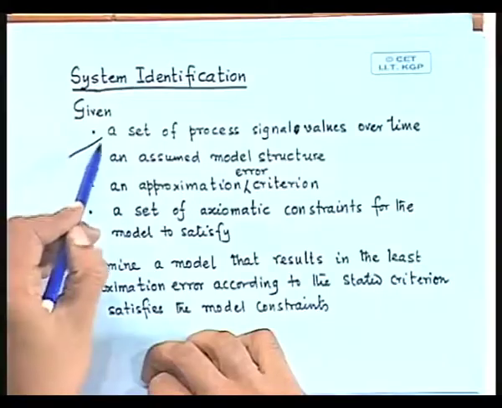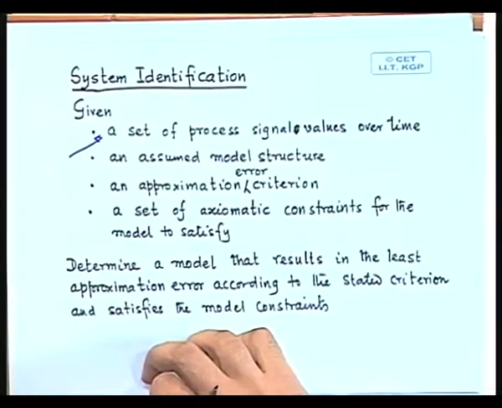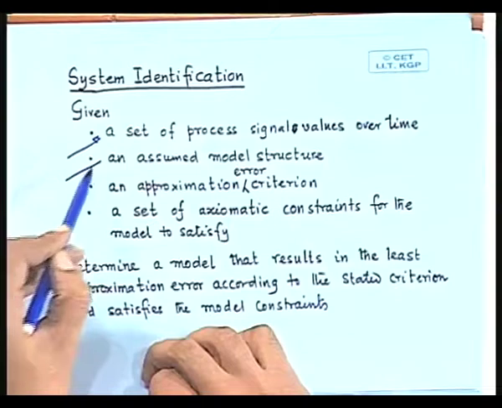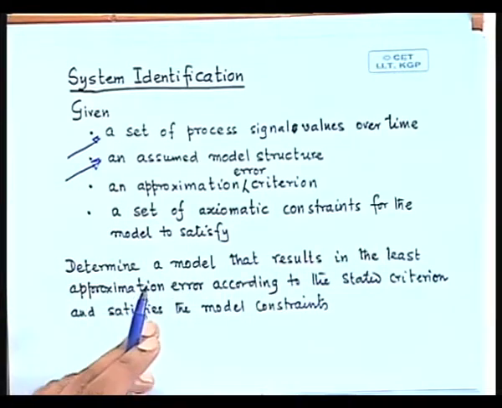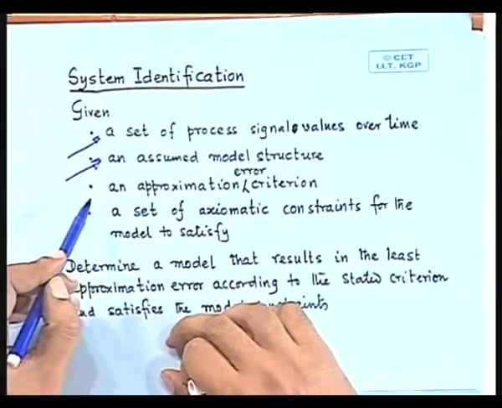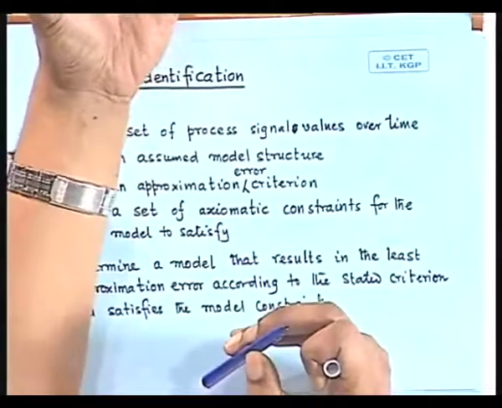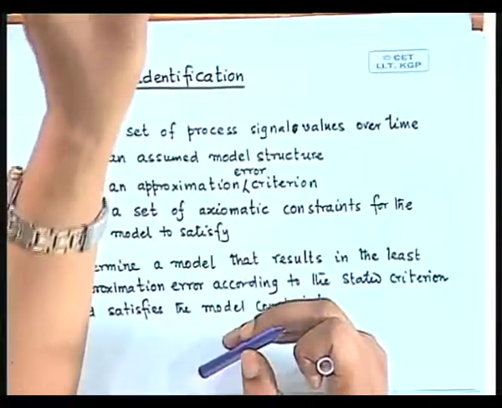So I'll stop by defining what is system identification. Basically, given a set of process signal values over time, given an assumed model structure which could be based on so many considerations that we described today, we have now defined the bag. Now in that bag we have to pick a good model.